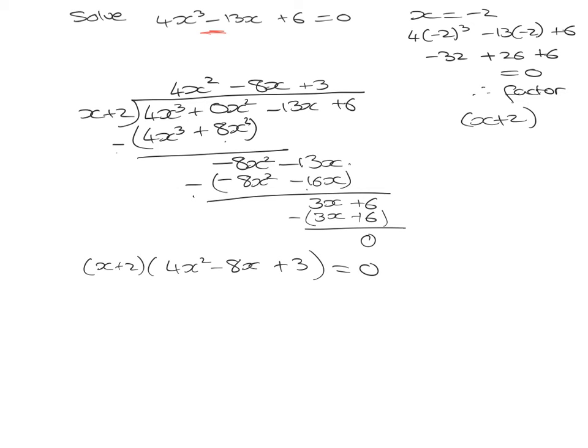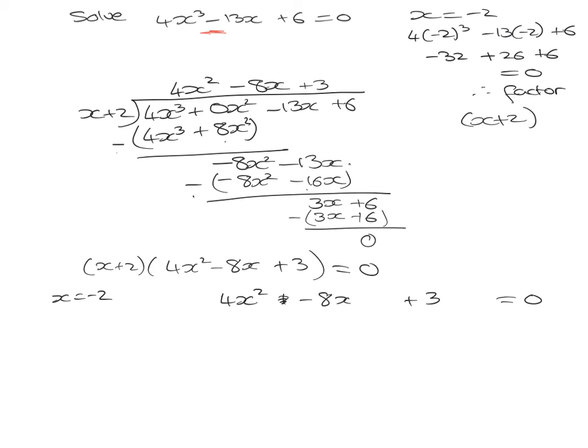So now we'll solve it slightly differently. We know from the first bracket that x equals negative 2 is the solution. And from the second bracket, we know that 4x squared minus 8x plus 3 equals 0.